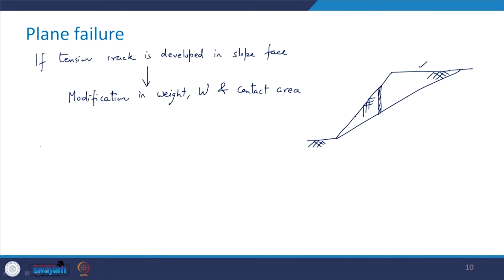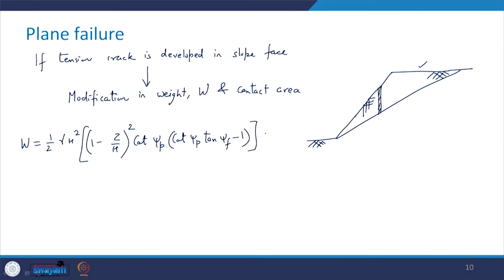Now, this weight is going to be, you can derive this, I am just giving you the expression, half gamma h square, 1 minus z upon h whole square, cot of psi p into cot of psi p tan of psi f minus 1.